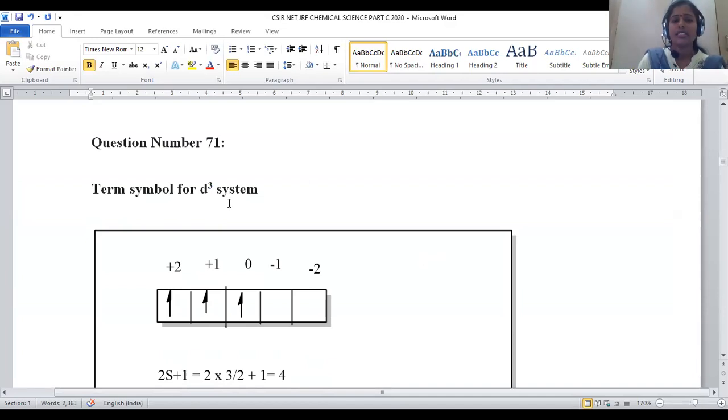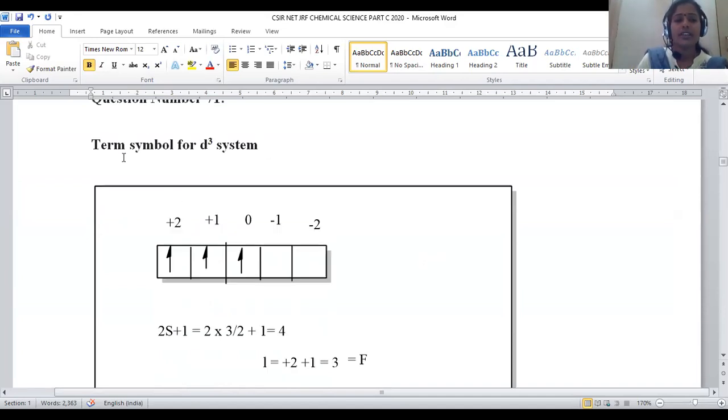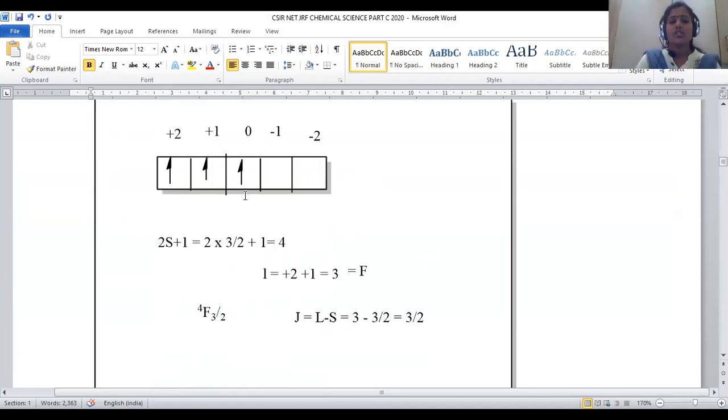Let us go with question number 71. In question number 71, they are asking about the term symbol of a d3 system. In a d3 system, 5 degenerate orbitals are present and the quantum numbers are assigned as +2, +1, 0, -1 and -2.